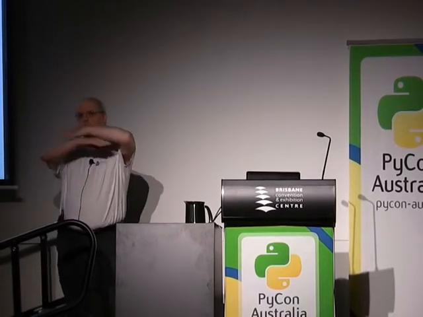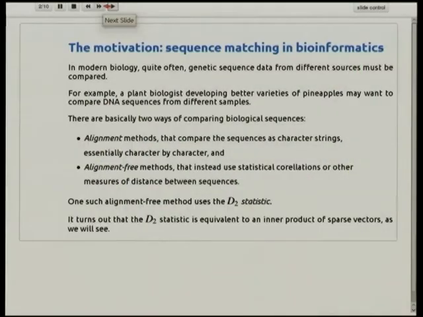One is what we heard about this morning, which is by aligning the sequences, splitting up each of the sequences into bits and aligning them. And another is by statistics, a statistical comparison of two sequences using features of the sequences. It's the second one that I'm going to talk about. There is a particular statistic on pairs of sequences called the D2 statistic.